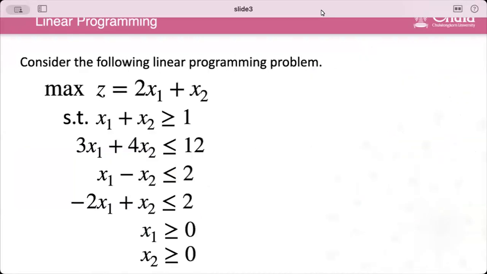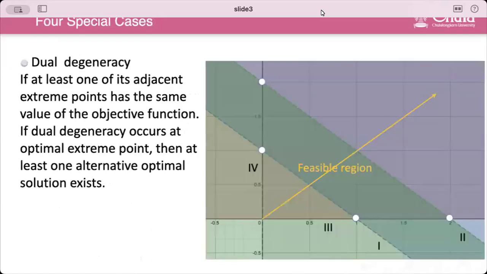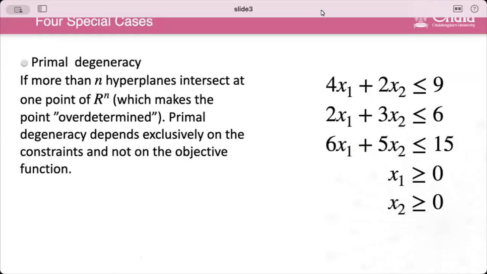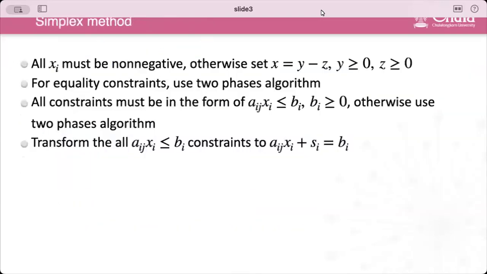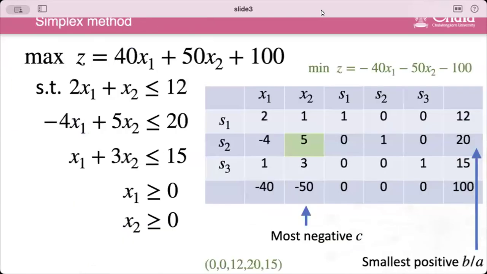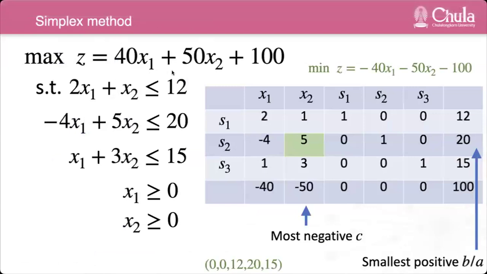And then we learned that for the simplex method, of course, you need a problem in a specific form, right? Of course, for the objective function, it can be maximized or minimized because it's really easy to convert back and forth between maximum and minimum, right?